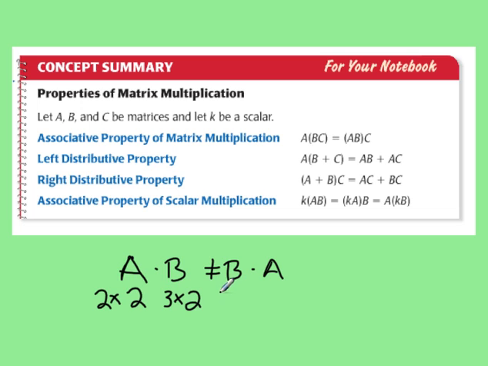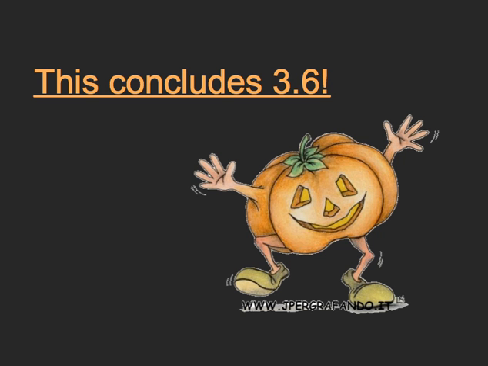But if I switch this around, B times A, if B is still a 3 by 2 and A is still a 2 by 2, notice I can take B times A because those innermost dimensions are the same. Okay, so A times B can't do, but B times A can do. So multiplication is not commutative with matrices. And that concludes 3.6.